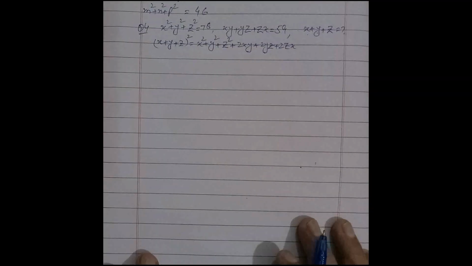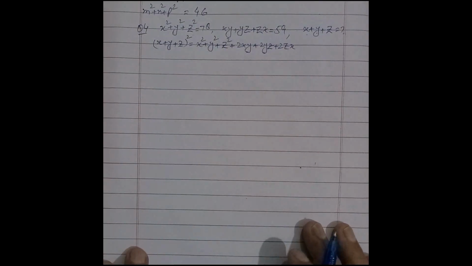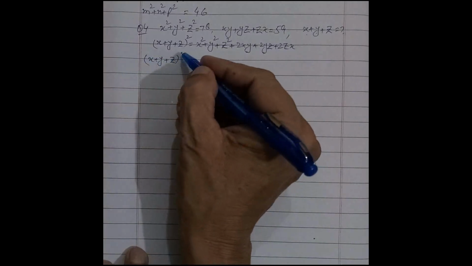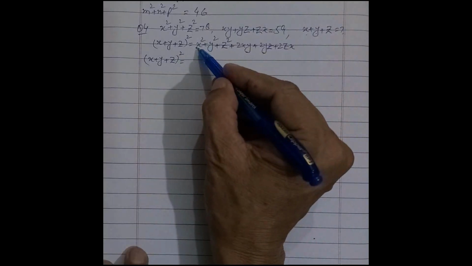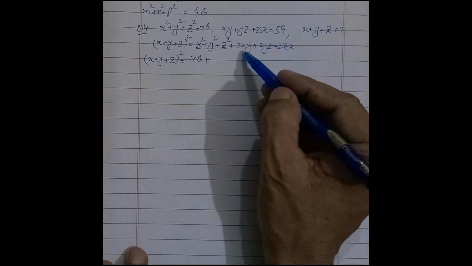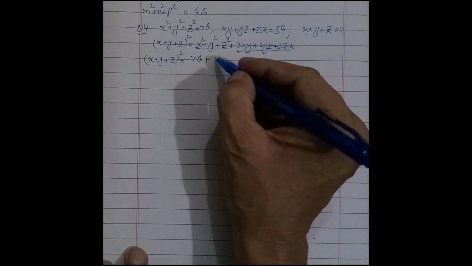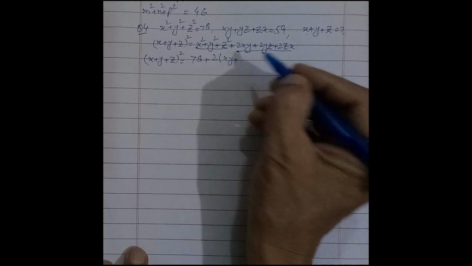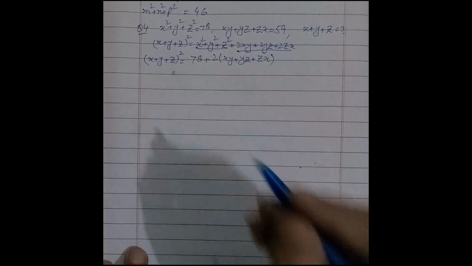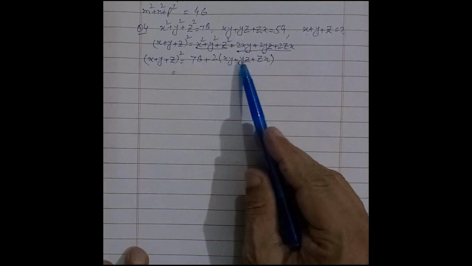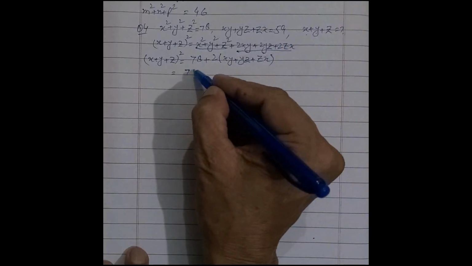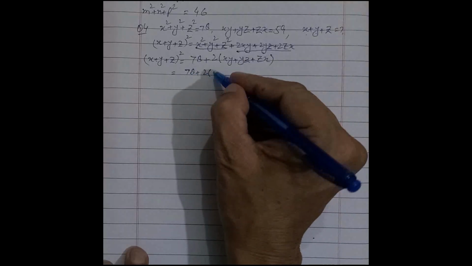Now we put the values of x square plus y square plus z square, which is 78, plus we take common 2 from these values, which is 2 into (xy plus yz plus zx). And now we put the value of xy plus yz plus zx, which is 59. It is 78 plus 2 into 59.